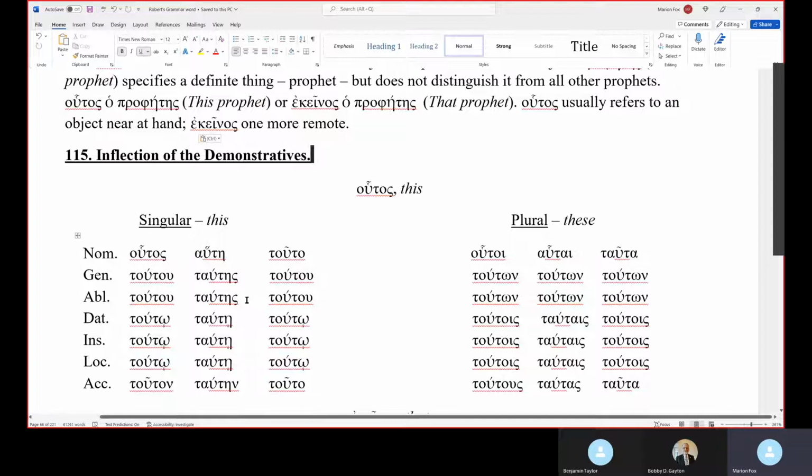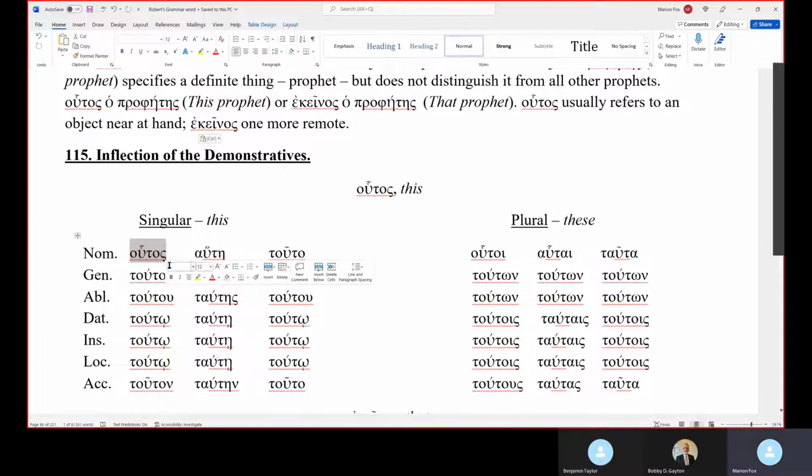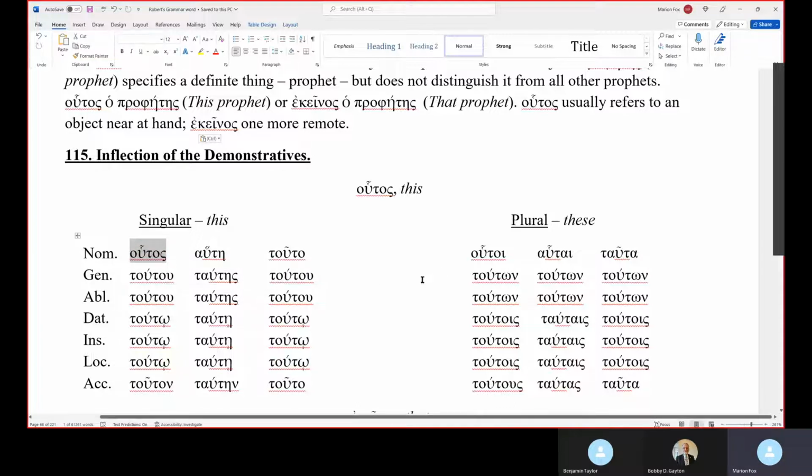All right? Now, I would call your attention to Ephesians 2, verses 8 through 10. And it says, for by grace have you been saved through faith, and this not of yourselves, it is the gift of God. So the word this normally would be hutos, but the translators translated the remote object, ekeinos, as this.